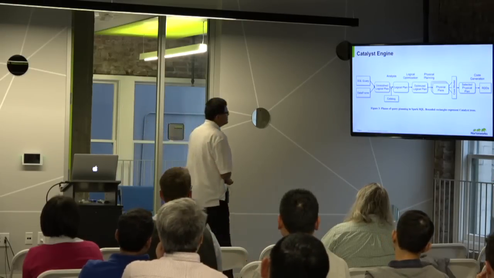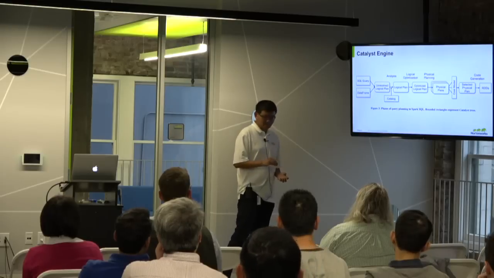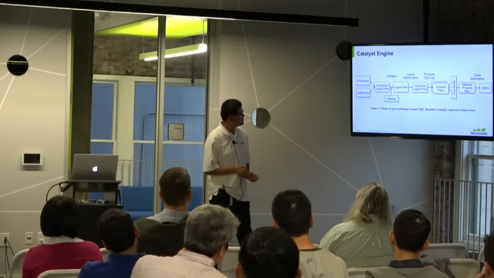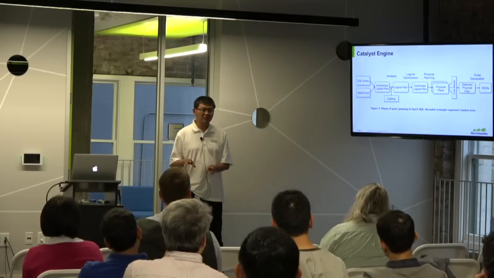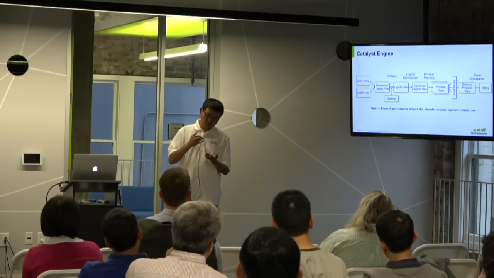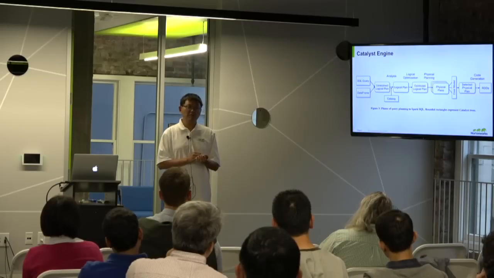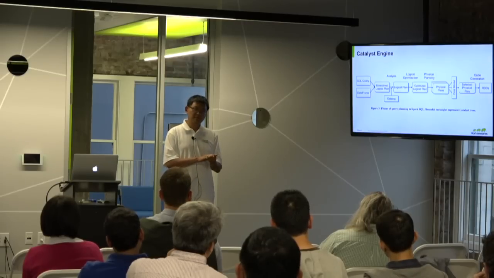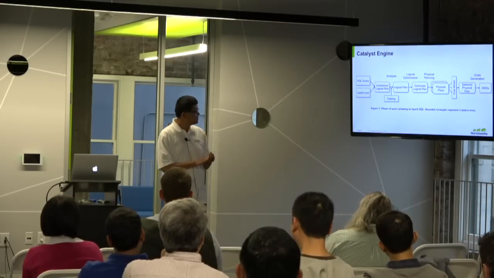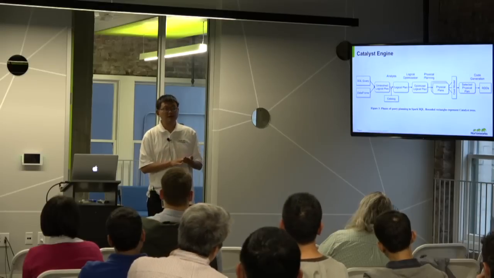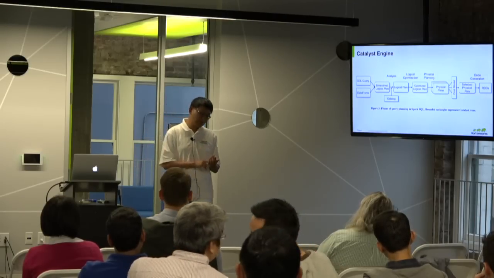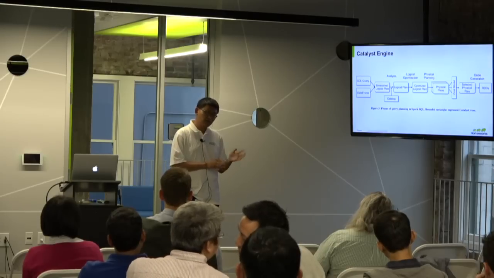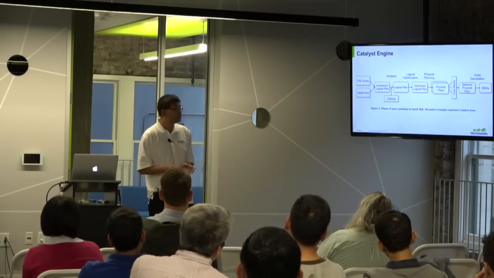The analyzer will resolve this unresolved relation, table1, into a logical relation. That is, where is this table1 coming from? For example, if it's a Hive catalog, what file saves the contents for this table1, and what's the schema for this table1, for example, what are the columns?